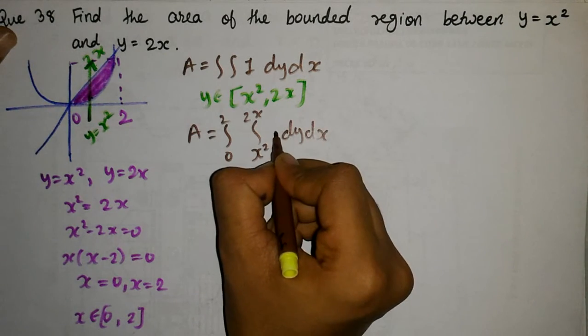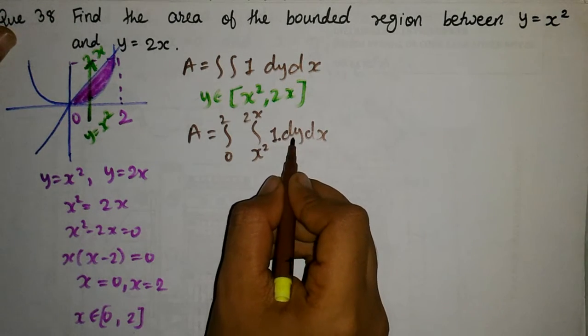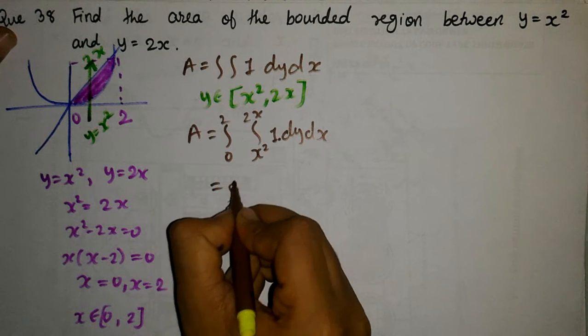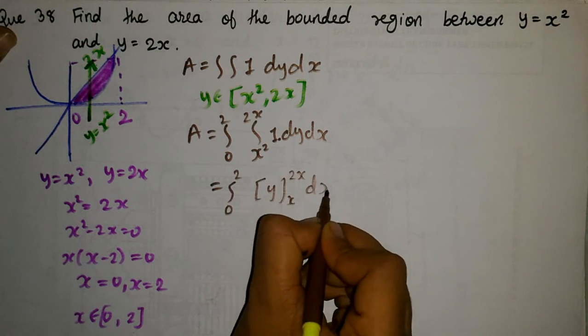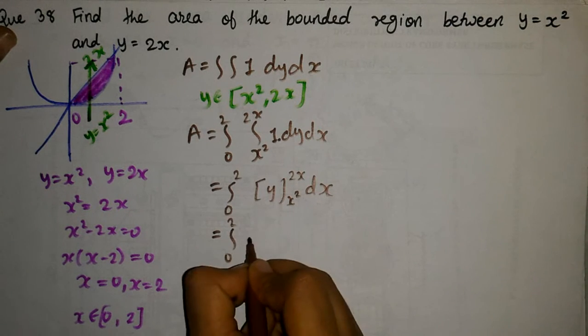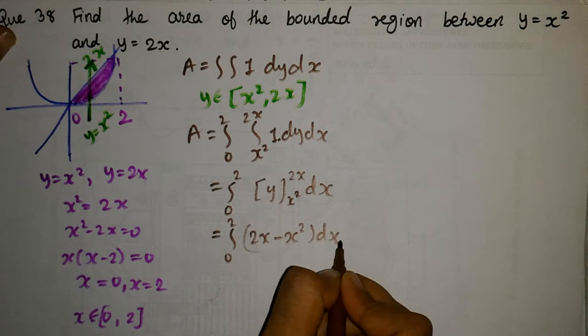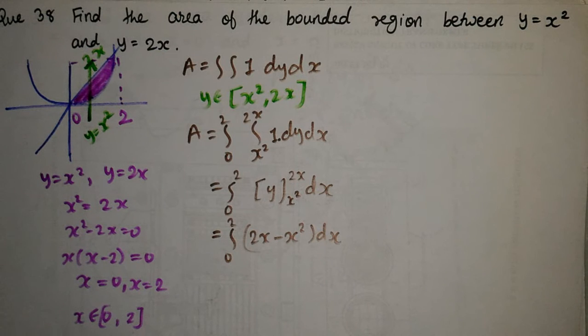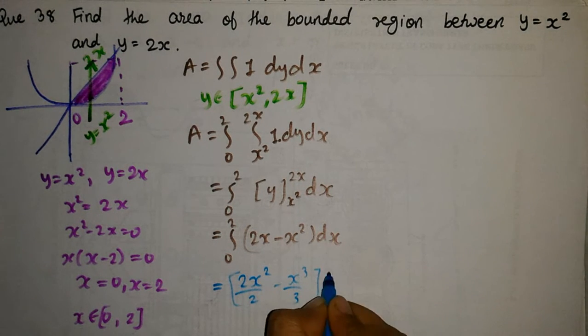Now integrate 1. Here it's nothing, meaning 1. Integrate 1 with respect to dy. So we get y, limits are from x square to 2x into dx. Now put upper limit minus lower limit, it's 2x minus x square into dx. Now integrate this term with respect to dx. So we get 2x square by 2 minus x cube by 3 from 0 to 2.